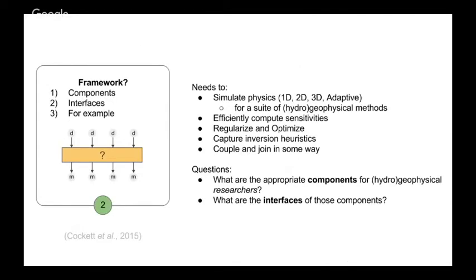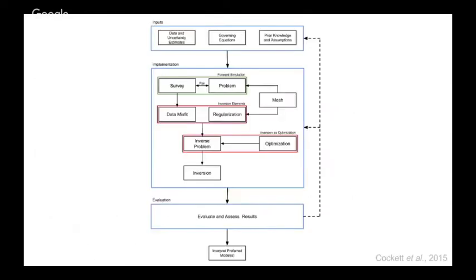In our case, we need to be able to simulate physics, compute sensitivities efficiently, regularize and optimize, and that's a lot of the research that's done in this discipline. We also need to be able to capture inversion heuristics and couple and join them in some way. And so the questions are, what are those components? And what are the interfaces of those components? And we know a lot about that in the discipline of geophysics.